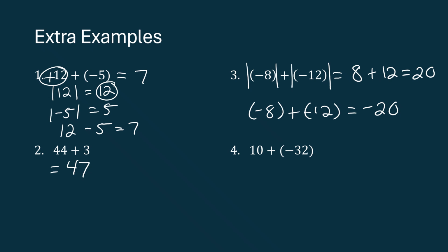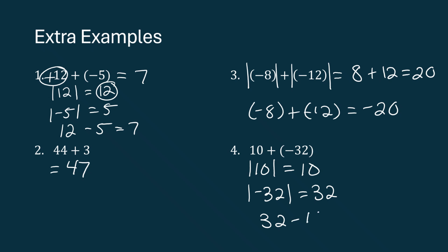And then number 4, we have that pesky different sign problem. But again, we're going to just take the absolute value of each number. So our absolute value of 10 is 10, and the absolute value of negative 32 is positive 32. Subtract the larger absolute value minus the smaller. So in this case, 32 is that larger absolute value.